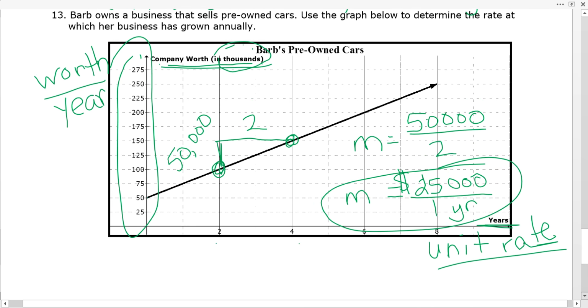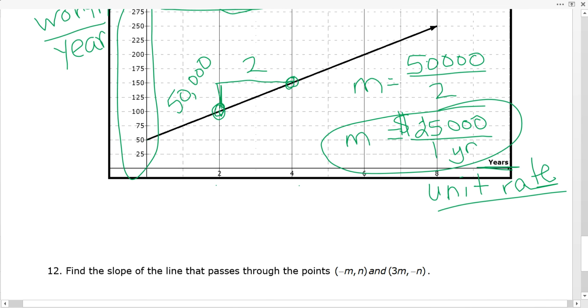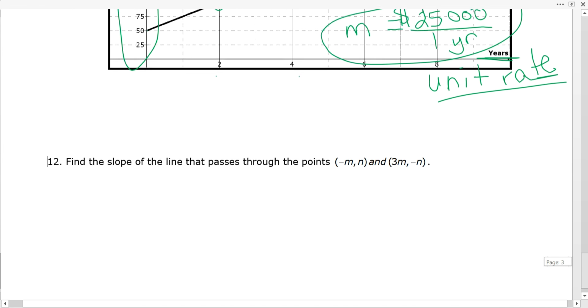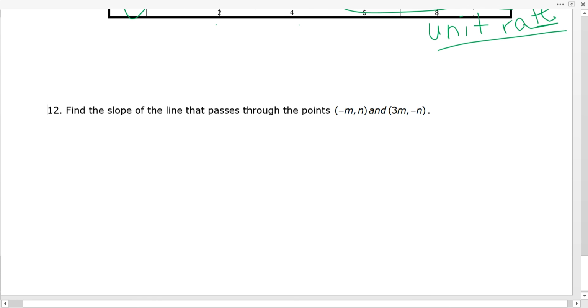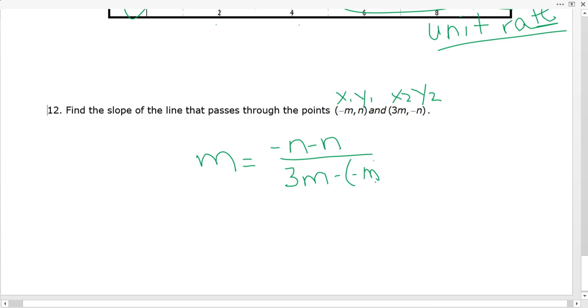Okay, last one. Okay, we have points, but they have letters. That's okay. We still have x1, y1, x2, y2. So my slope is going to be negative n minus n, over 3m minus a negative m.